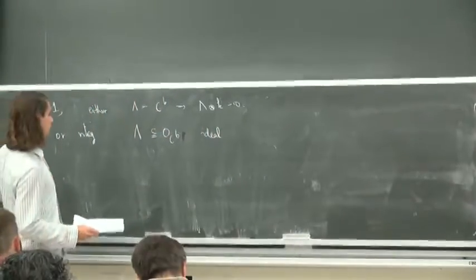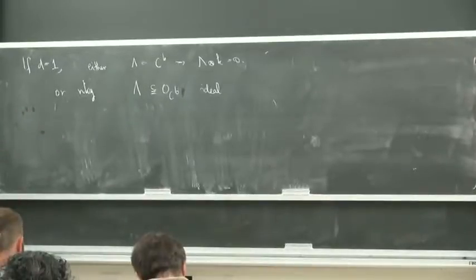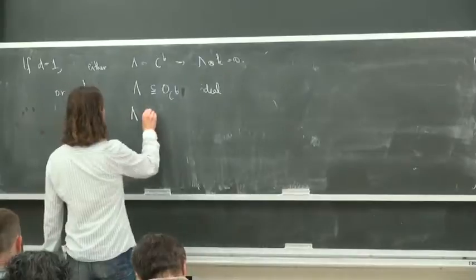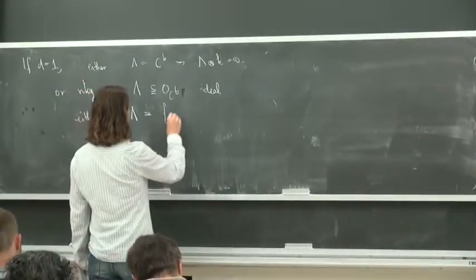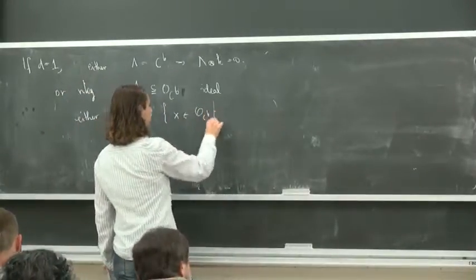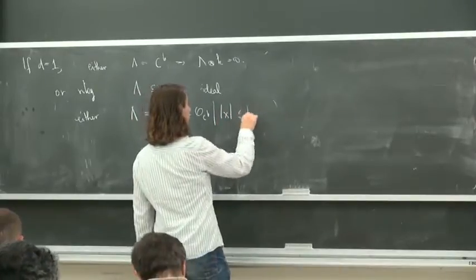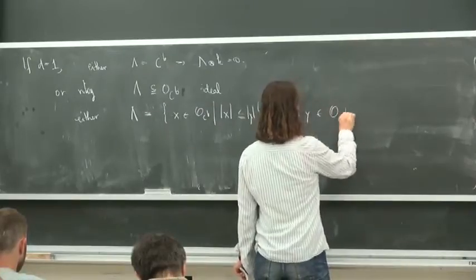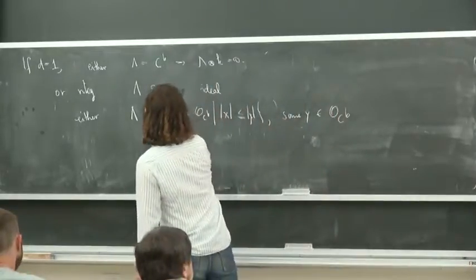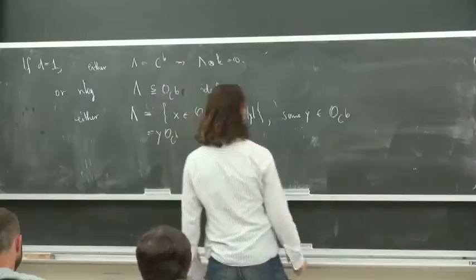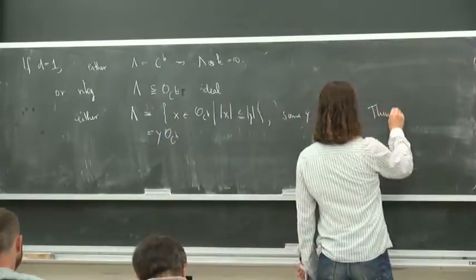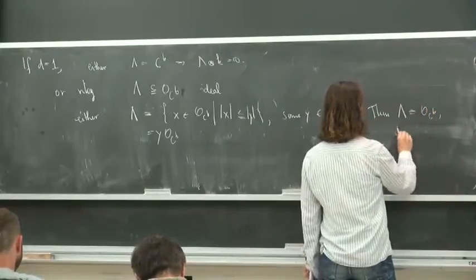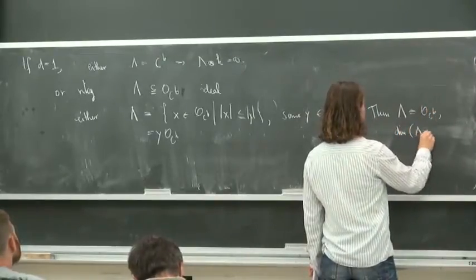And so ideals in such a ring come in two sorts. Either lambda is the set of elements x in O_C flat such that the absolute value of x is at most the absolute value of y, for some y in O_C flat. So it's a principal ideal, that's y O_C flat. So then lambda is isomorphic to O_C flat, and dimension of lambda tensor k is 1.